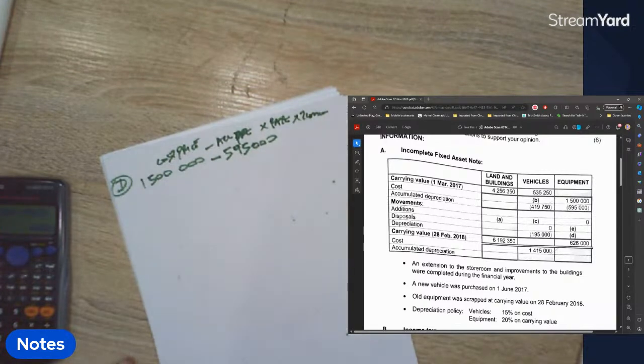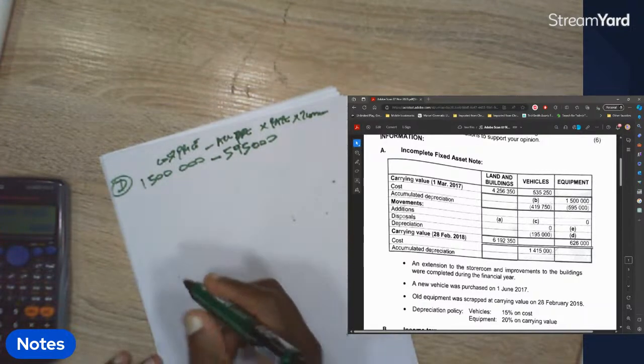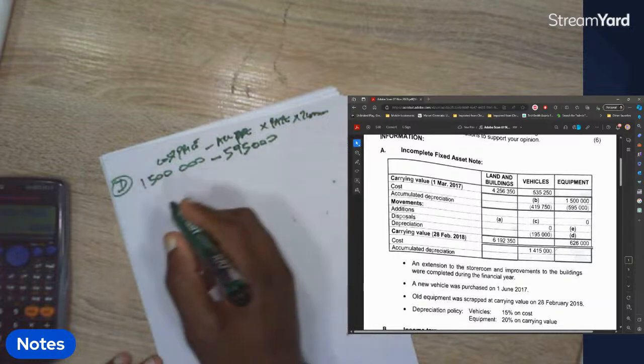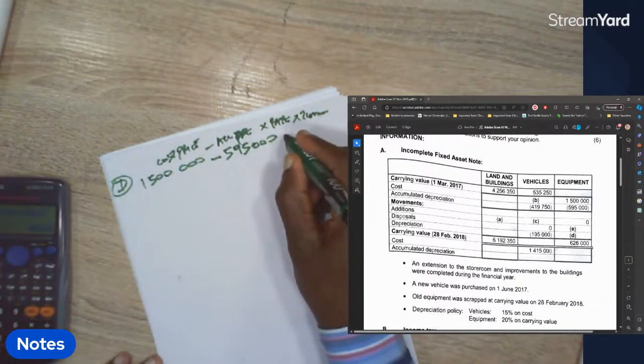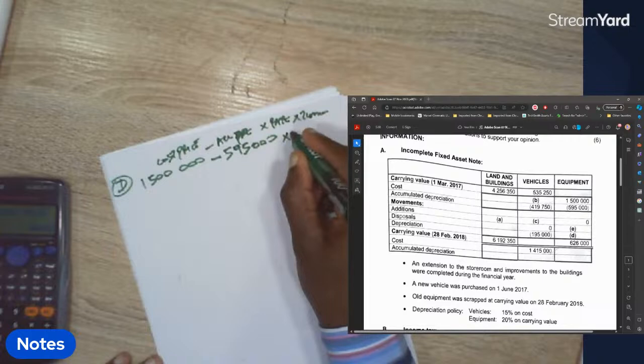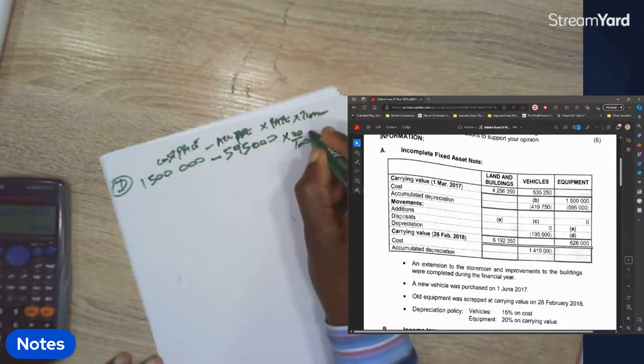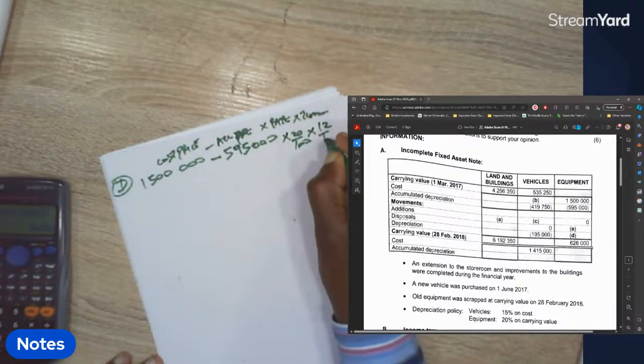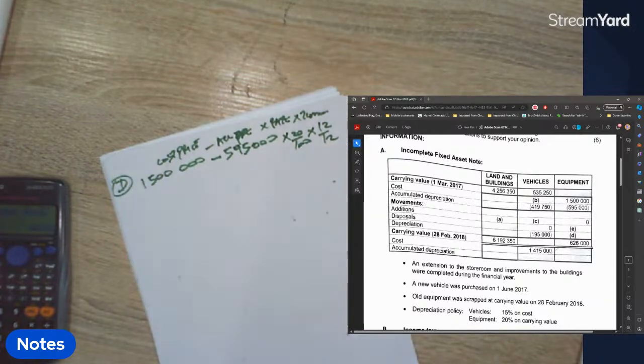Yes, times by a rate, times by time. So this is our rate and our time. Our rate is 20%. Then our time is 12 over 12, because yes, it's 12 over 12 there.